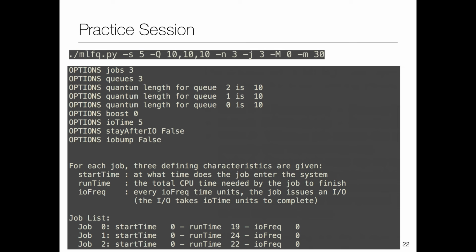One way I would solve this problem is to maintain a data structure where, for each time t, I maintain the amount of running time left for the three jobs, J0, J1, J2. I draw the three queues, Q2, Q1 and Q0, each of them with a quantum length of 10.